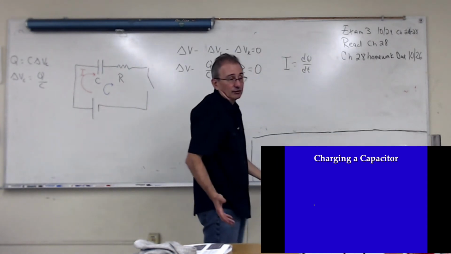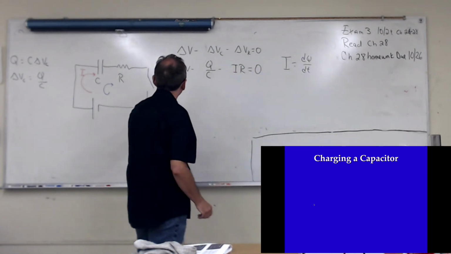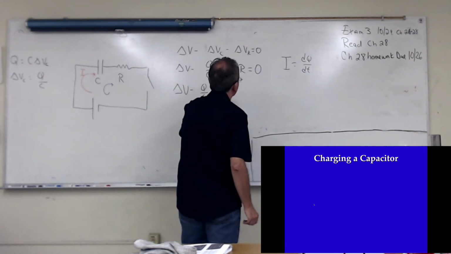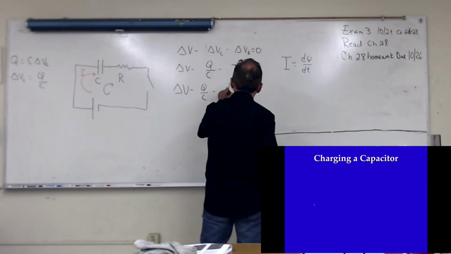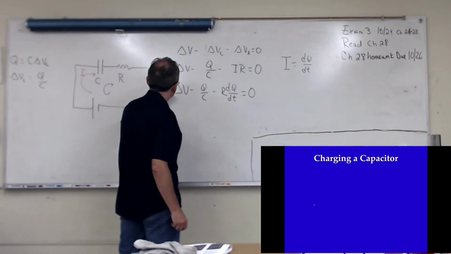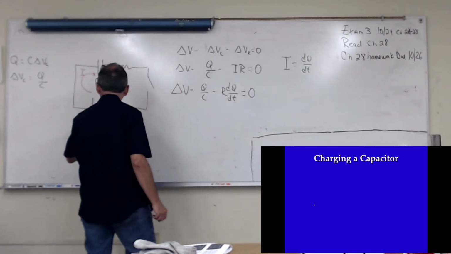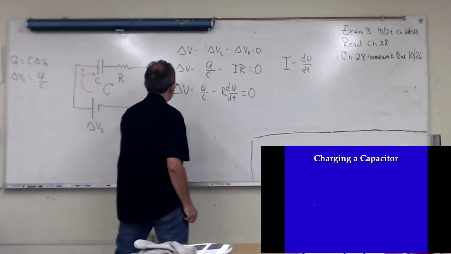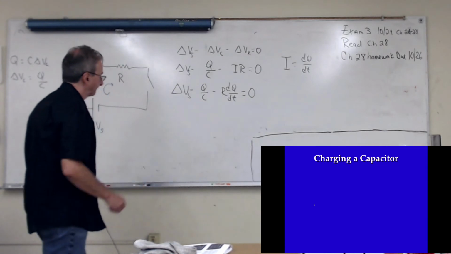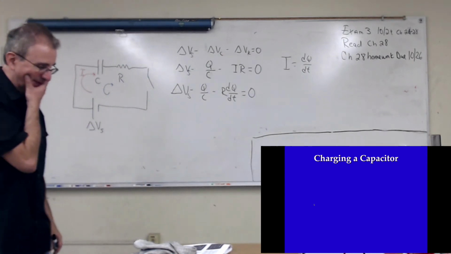So delta V, and I guess I should put a subscript, is our power supply voltage. So now what?